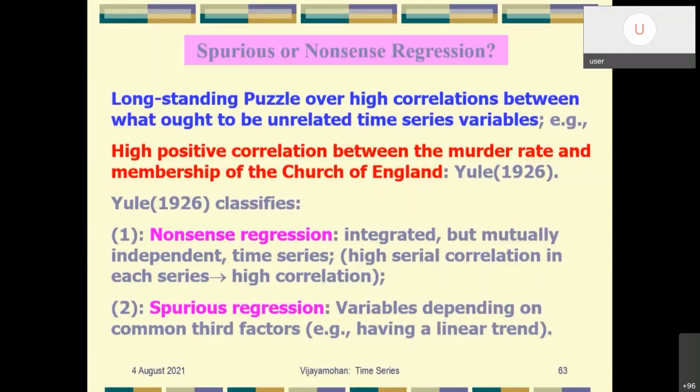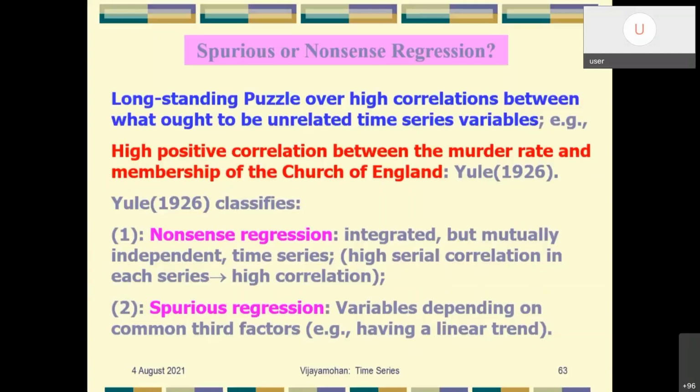if we find that there is a unit root in the series, then both the series are integrated. Got it? All the series are integrated. So there is a problem of nonsense regression in Yule's language, or spurious regression in Granger-Newbold language.